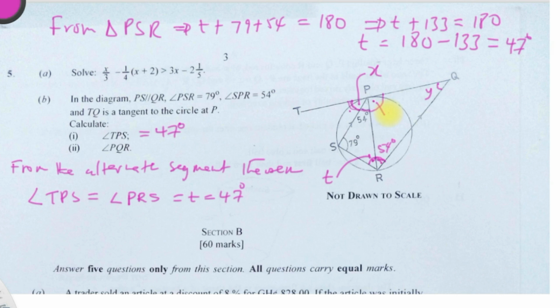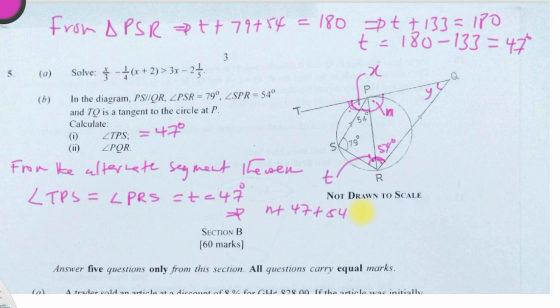So from here, we can say that n plus 47 plus 54 is equal to 180.